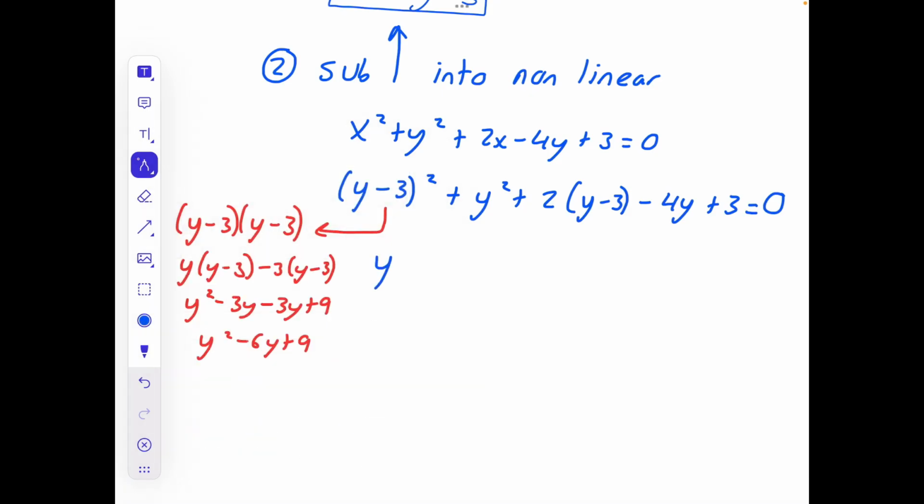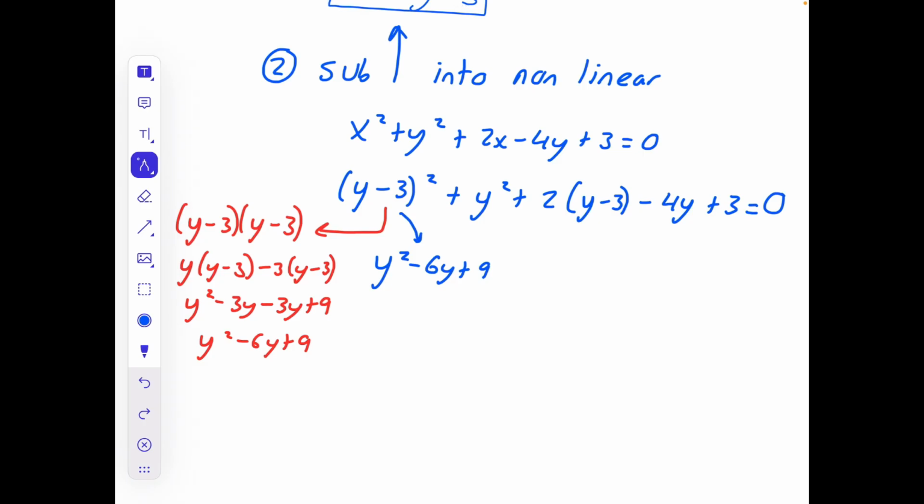I get that y minus 3 to be squared is y squared minus 6y plus 9. The most common mistake people make with these questions is that they'll say y minus 3 to be squared, and don't write this down. They will say that that's y squared plus 9. They'll just square the two parts individually, and unfortunately you will not get anything for that. It is not how you do it.